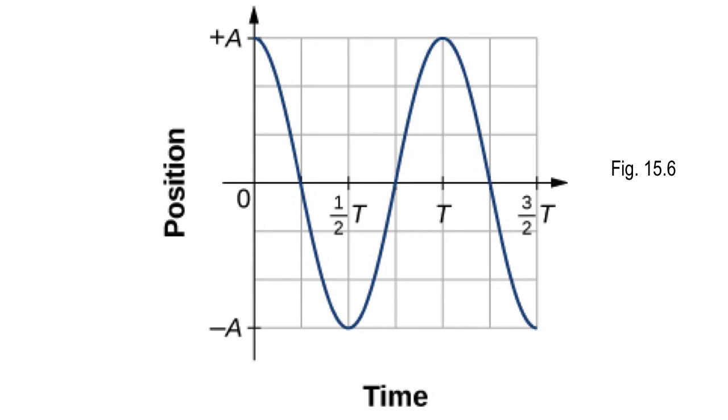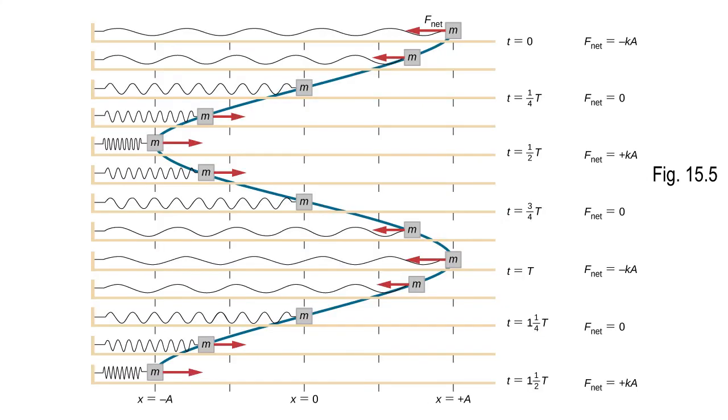Now, let's take a look at this one. Look at this picture. This is 15.5. I've never seen one like this. But this gives you 1 1/4 cycles for this oscillator. And so it kind of traces it. So this is what it would look like if time were on the vertical axis and x were on the horizontal axis.